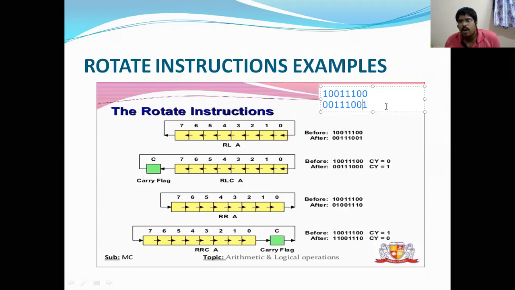Now, if you perform the RLA operation again, what value are we going to get? We are going to miss this last bit 0. This is the bit that is going to be last, and all these bits are going to move here. That means we will have 0 1 1 1 0 0 1.